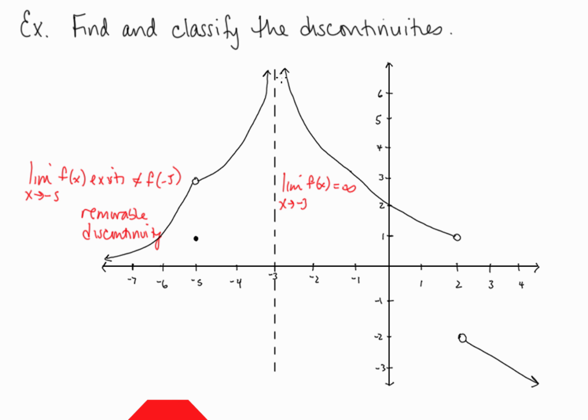So this is an infinite discontinuity. And at x equals 2, we see that the limit as x goes to 2 from the left is not equal to the limit as x goes to 2 from the right. So here we have a jump discontinuity.